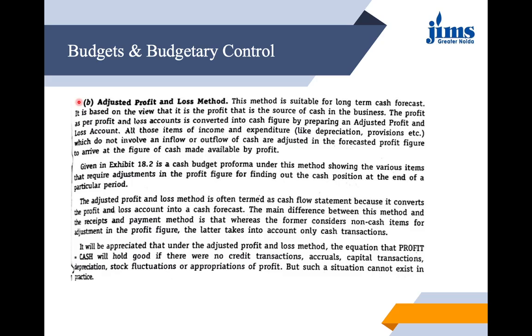So it is appreciated that under this adjusted P&L method, we do have the equation that profit equals cash, which actually holds good if there were no credit transactions, accruals, capital transactions, depreciation, stock fluctuations, or appropriation of profit. But such a situation cannot exist in practice actually.